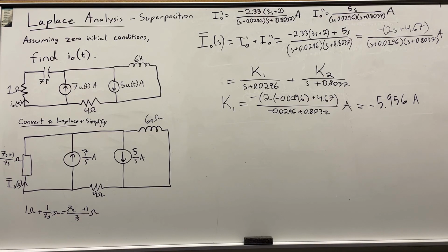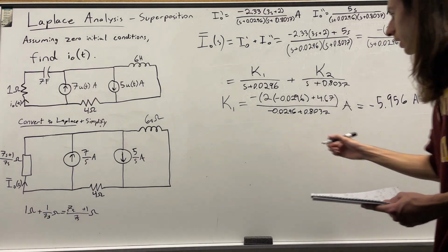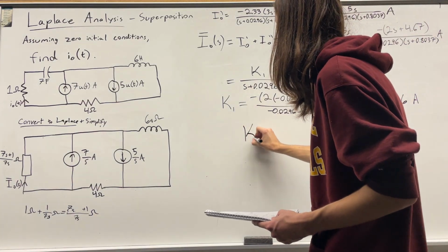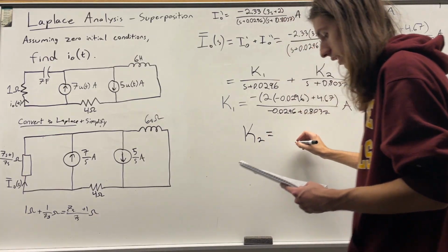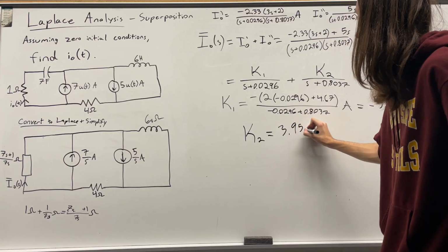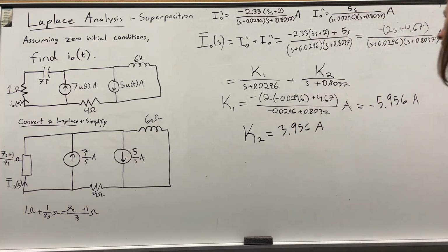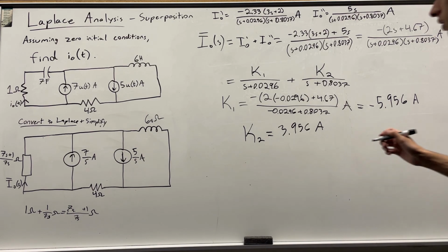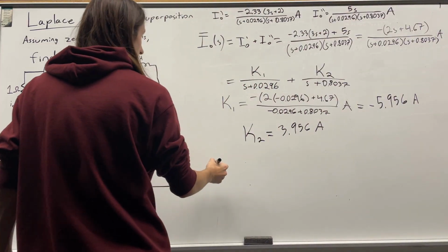So again, I went into that process a little bit more in depth in the previous video. I'm just going to skip over that for K2. It's just the same process, and that's just going to give K2 as 3.956 amps. So now we can plug those back in to our equation to get our final partial fraction expansion.